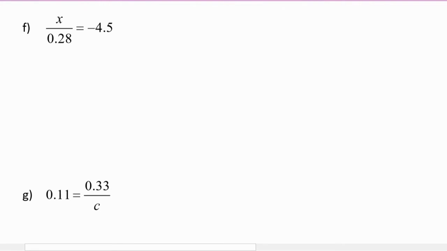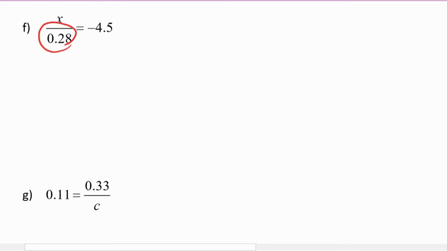Okay, I want you to look at F and G. They're not the same question. We have fractions here, and they're not the same type because in one I have the variable in the top and in the other I have the variable in the bottom. When you have the variable in the top, we know how to solve this, right? You have division here, divided by 0.28.